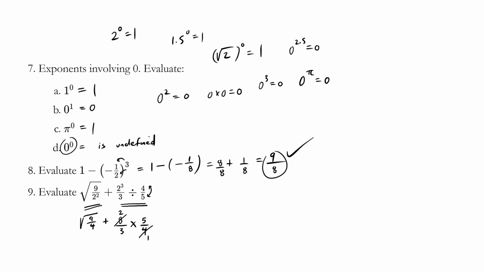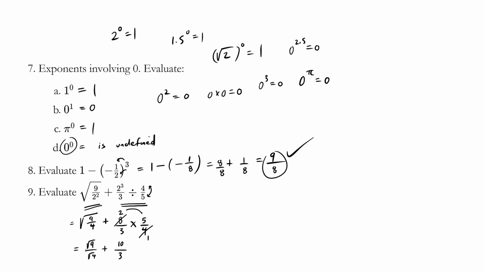Now what is the square root of 9/4? That's the same thing as the square root of 9 over the square root of 4, plus 2 times 5 is 10, and 3 times 1 is just 3.